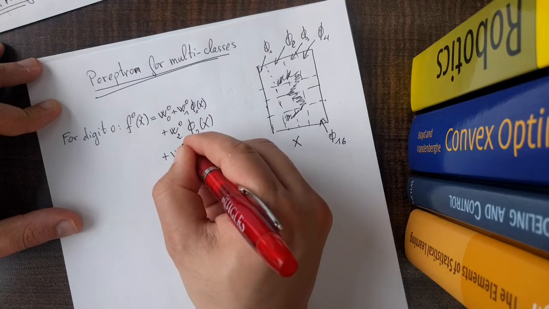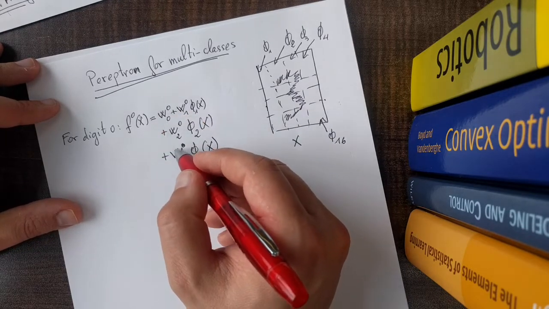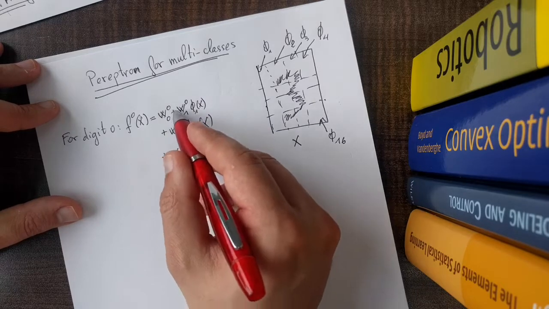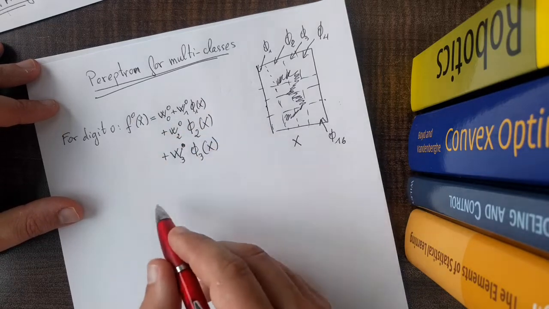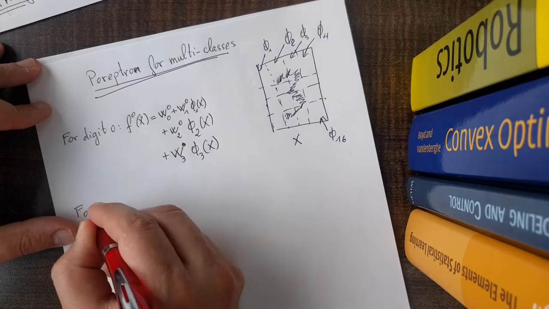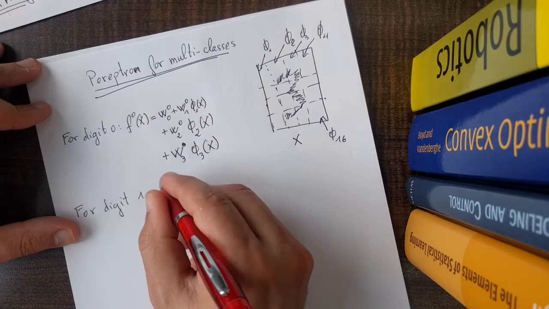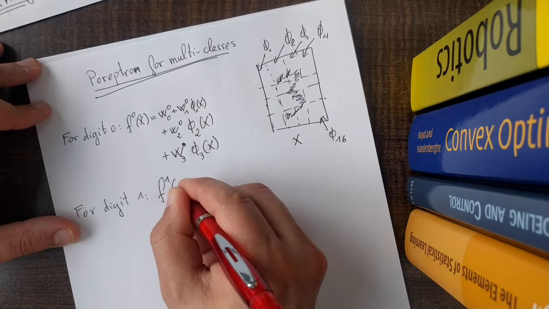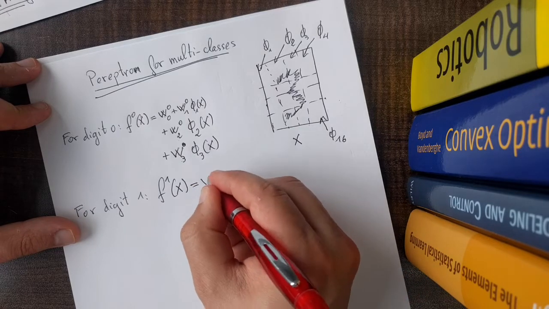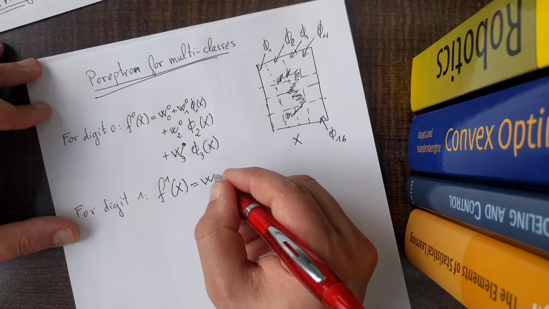And the reason I'm adding this 0 here is because I want to distinguish the weights associated with different digits. What I'm saying here is that these are the weights for detecting digit 0, if this image is 0. And then you have something for digit 1 as well. So you have another perceptron, f1 of x, and it is specialized in recognizing digit 1. It gets a higher score when this digit is actually 1.